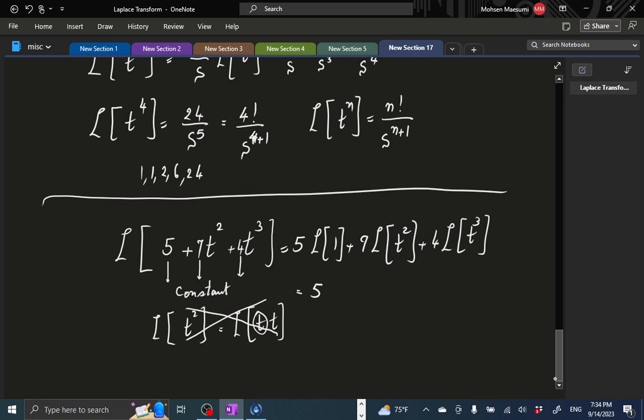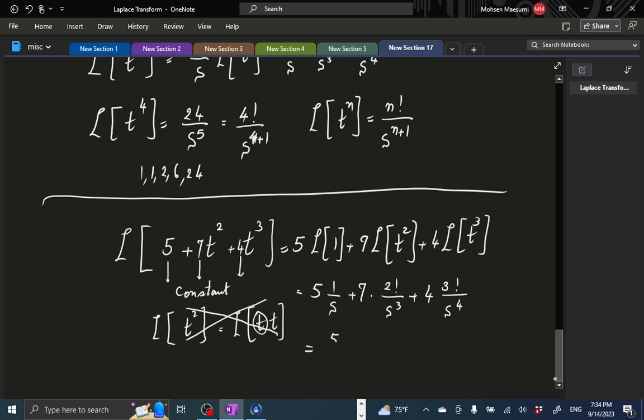Okay, Laplace transform of 1 is 1 over s, 7 times Laplace transform of t squared, that was 2 factorial over s cubed, 4 times Laplace transform of t cubed, 3 factorial over s to the 4. And you might as well leave the problem like this.